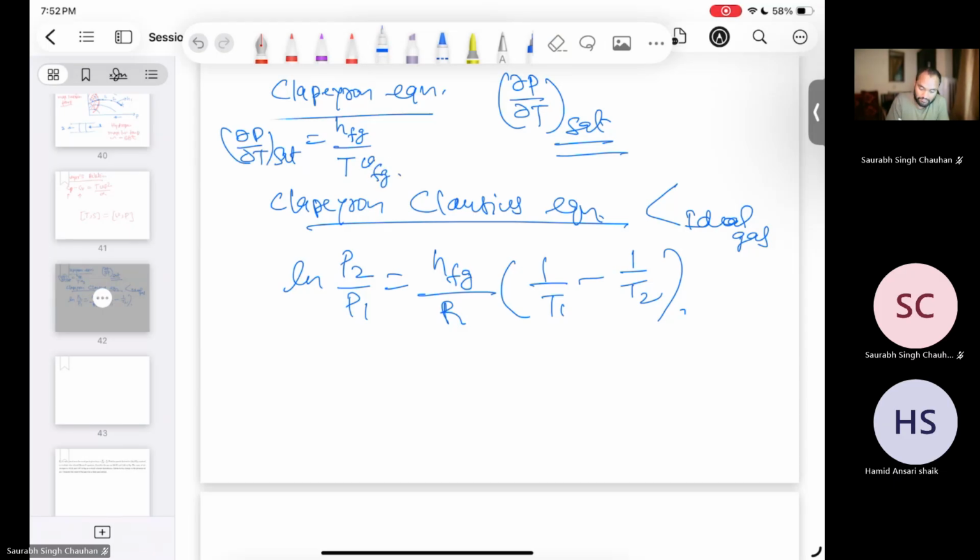So in this approximation, the Vg was supposed to be very much higher than Vf, so it was only Vg, and then Vg we get from the ideal gas equation.